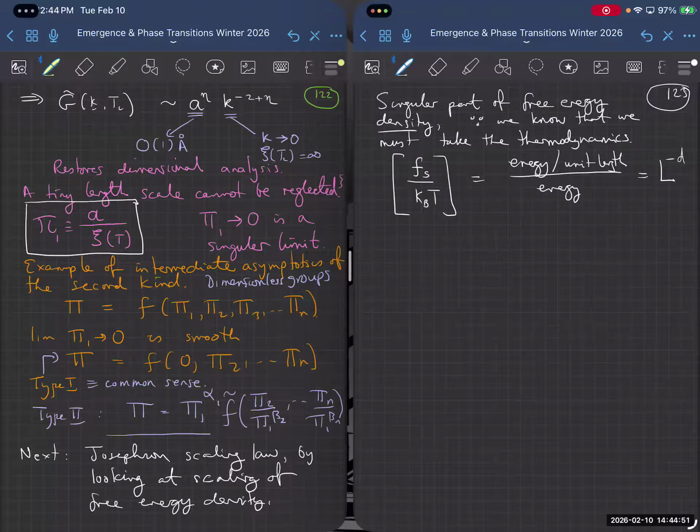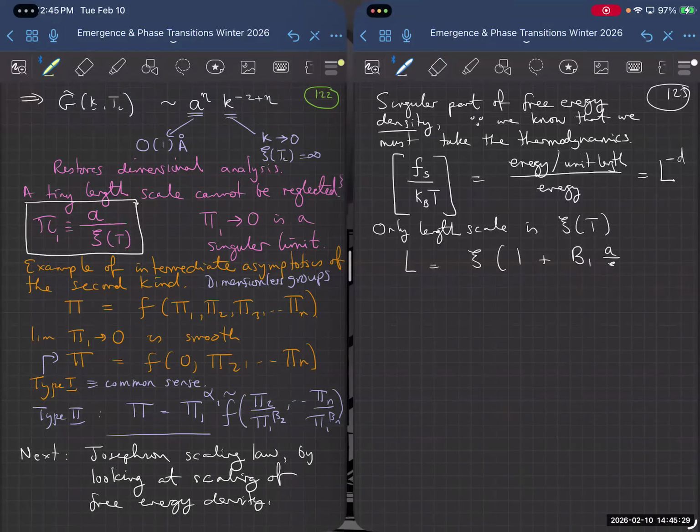Okay, and so then you might say, well, what is the length scale that we would use here? Well, the only length scale in the problem is the correlation length as a function of t, but we know that we also have to think about the singular part of it as well. So we might say that L we should write as xi, and then maybe there's a correction which I'll call B1, and then maybe A over xi, and this may come in some singular way.